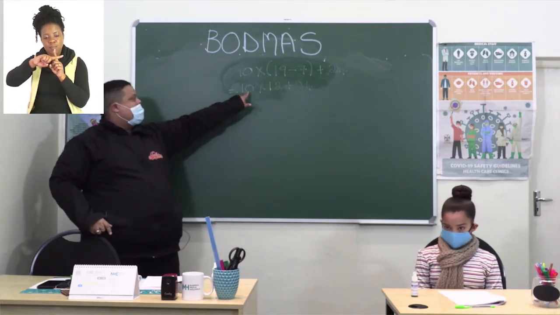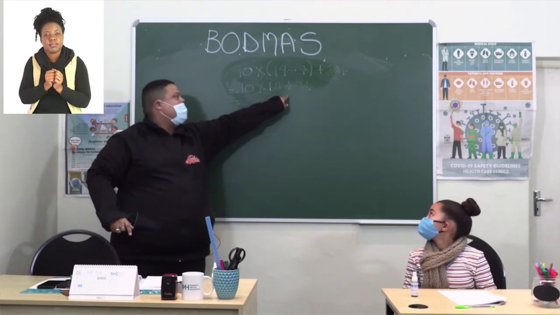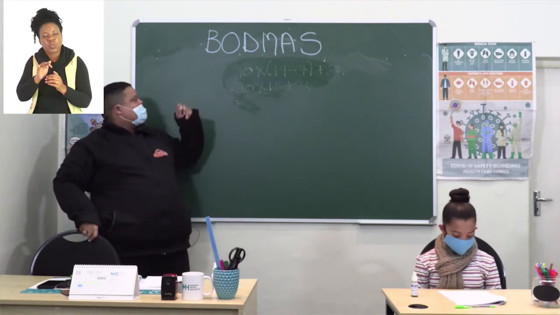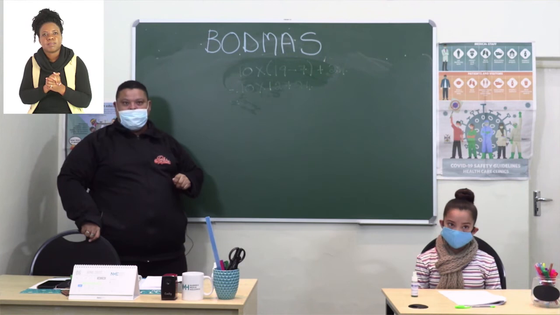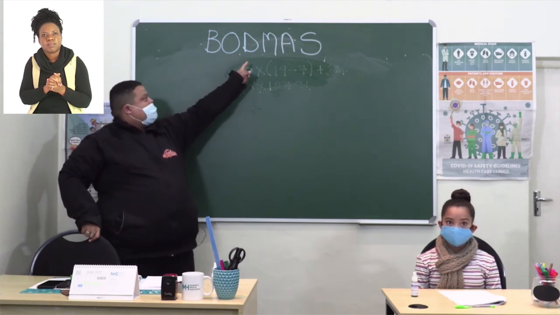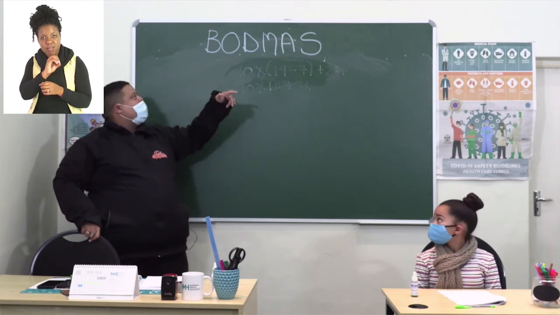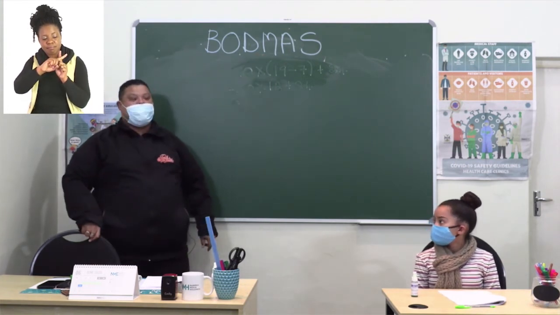Now we are left with 10 times 12 plus 24. Now we see which of these two sums must we do first? The multiplication or the addition? According to BODMAS, we must do the multiplication first.